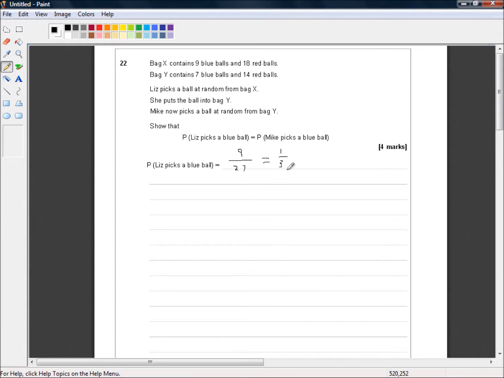Okay, now we've got a much more difficult probability, that Mike picks a blue ball. So let's have our tree, because it's a conditional probability here. Let's assume that Liz picks a blue ball, and we already know that there's a 9 out of 27 chance.